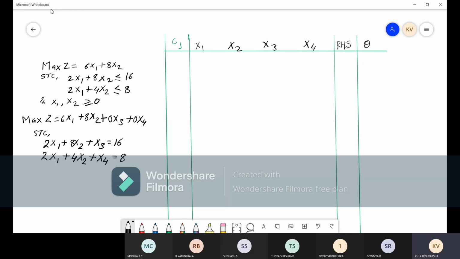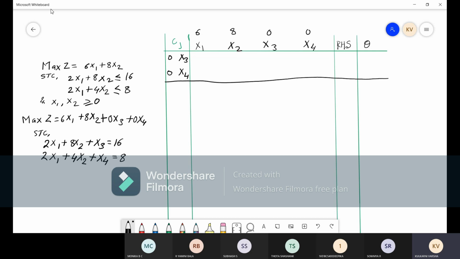So now the coefficients in the objective function are 6, 8, 0, 0, right? So our slack variables are x3 in the first equation and x4 in the second equation, and the coefficients of these are 0, this is also 0, right?